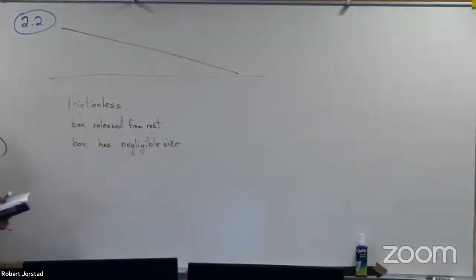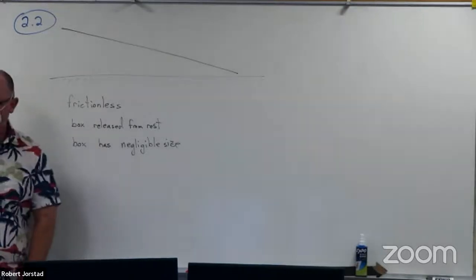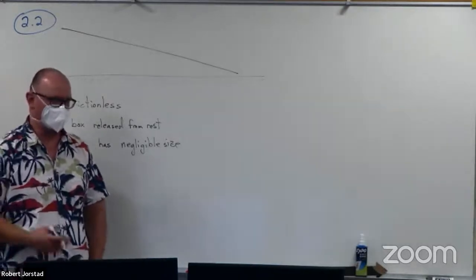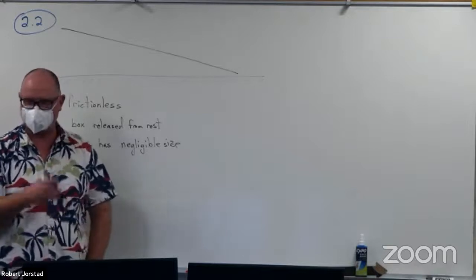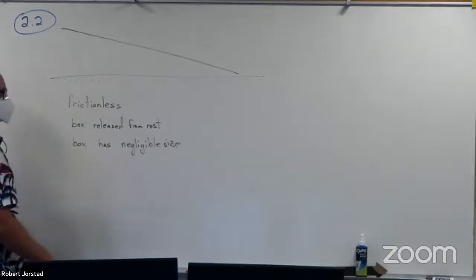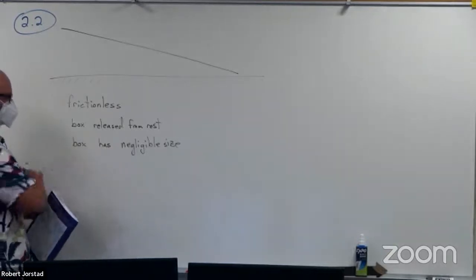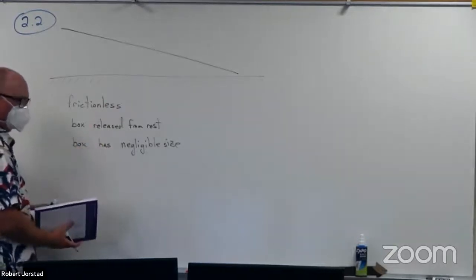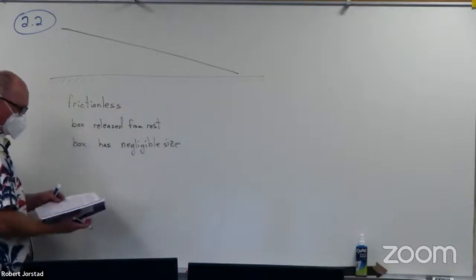Somewhere in this problem, it says the box has negligible size. That's kind of useful because that means I don't have to worry about, am I talking about the front side of the box or the back side of the box or the middle of the box? When it says it has negligible size, that means we can ignore the size of the box relative to this huge ramp. We're not going to get a perfect answer, but it'll be pretty darn close.